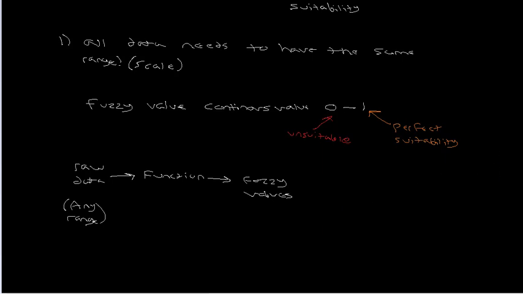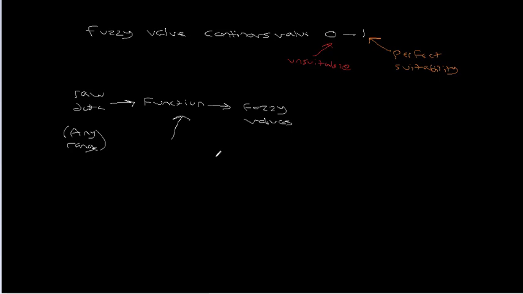And what we're going to spend a fair amount of time talking about are these functions. Right? These functions control how our raw data, which has any range, gets mapped to our fuzzy values, which always range from 0 to 1. Right? We have options and parameters here. Right? This is where we have control.